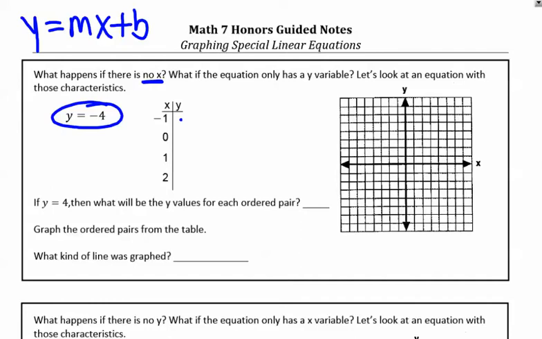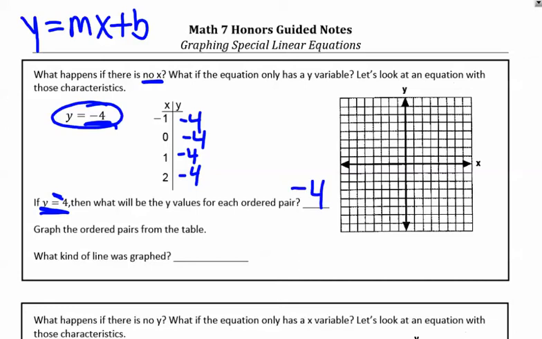So if x is negative 1, y is negative 4. If x is 0, y is negative 4. Again, if it's 1, if it's 2, y is always negative 4. All right? So if y equals negative 4, then what will the values of y be each time? They're always going to be negative 4.